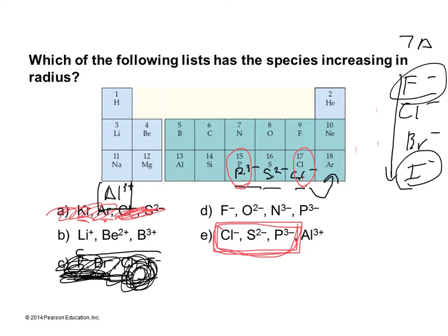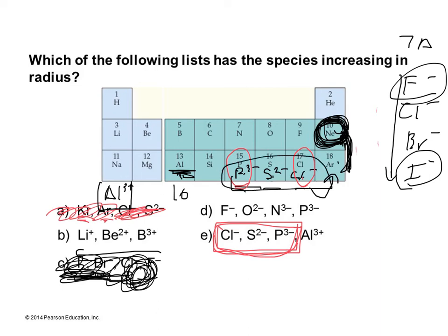Now we run into a problem with aluminum. Aluminum doesn't want to play with the others. Aluminum plus 3 means we've taken away 3 electrons. So 1, 2, 3, aluminum is going to look like neon. Is neon smaller or larger than argon? Before we even factor in a different number of protons, neon we know is smaller than argon. Not only that, but we have 10 electrons in aluminum plus 3.